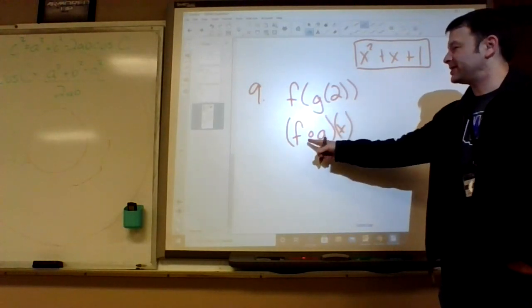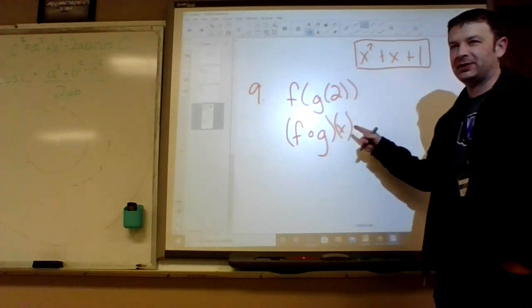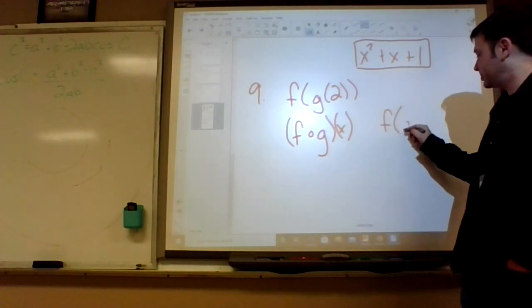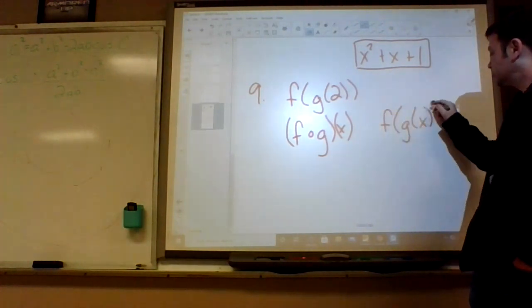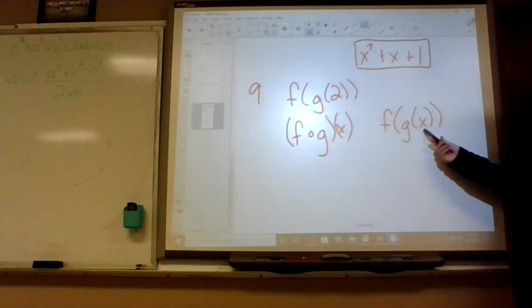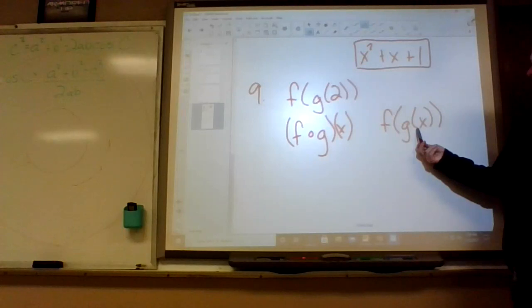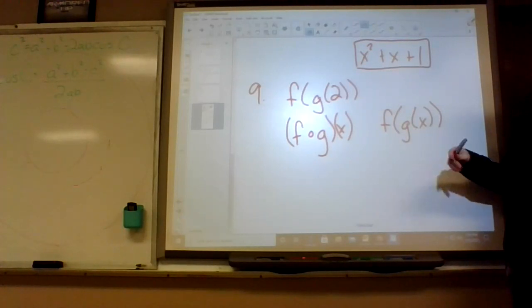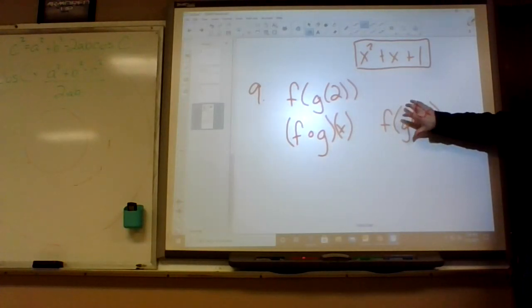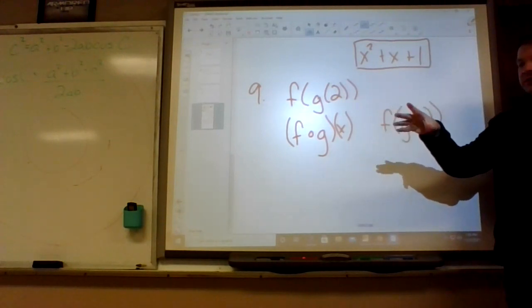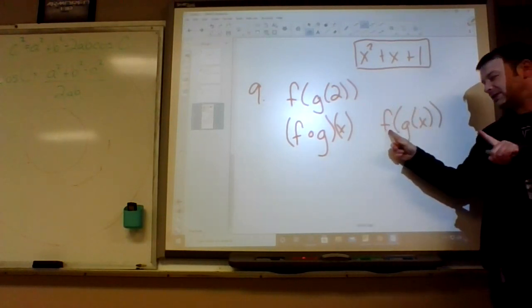This is read as f of g of x. It can also be written, and in my opinion it should be written, like this. That's how I normally see it, but I have seen it both ways a lot. So what it means is we're going to pick up g of x and put it in for x into the f function.